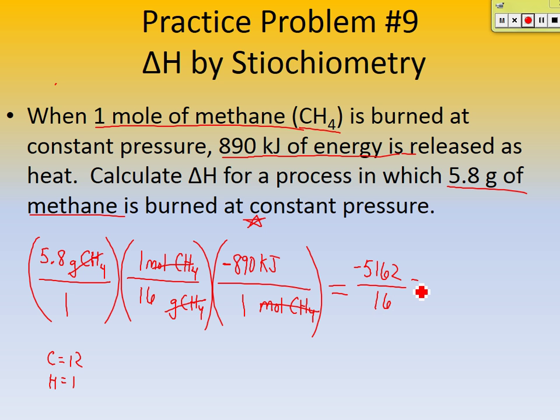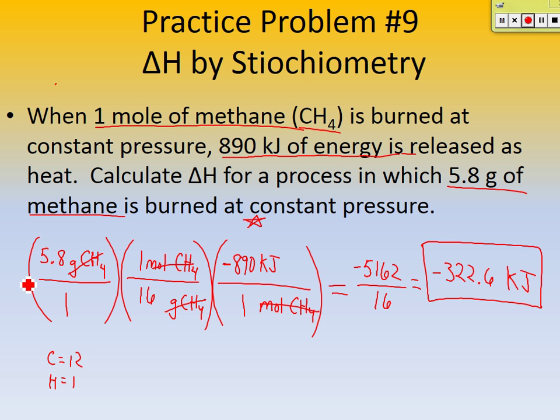Well, it's 16. So let's divide those two numbers now. And I'm getting a negative 322.63 kilojoules, yeah. So I'm going to put kilojoules on the end. So that's how much heat would be released if you just burned 5.8 grams of methane.